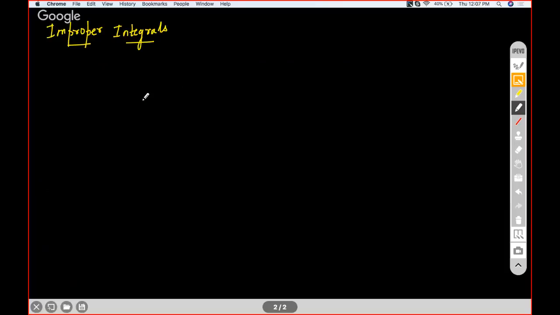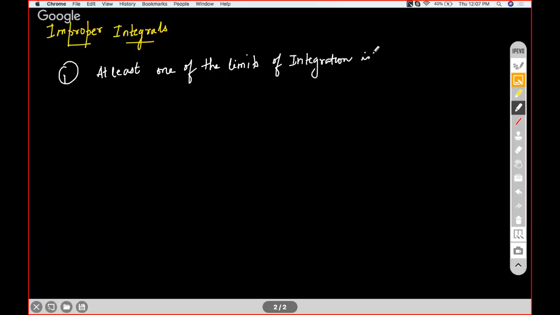What are improper integrals? We call two types of integrals improper integrals. One, where at least one of the limits of integration is infinite.